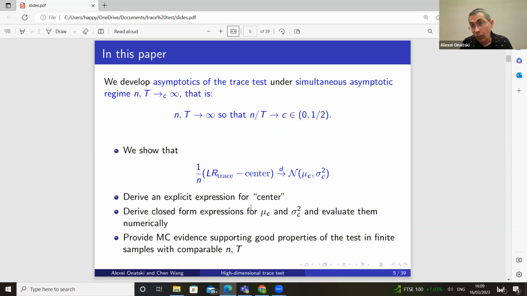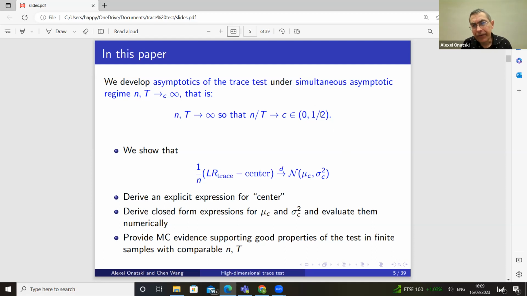So what are we doing in this paper? We're considering double asymptotics when n and t go to infinity proportionally, so that their ratio converges to some number between 0 and 1/2.